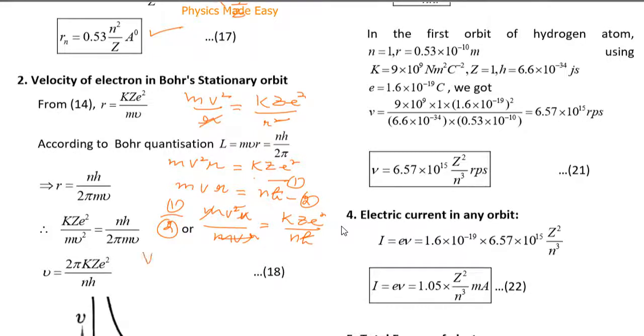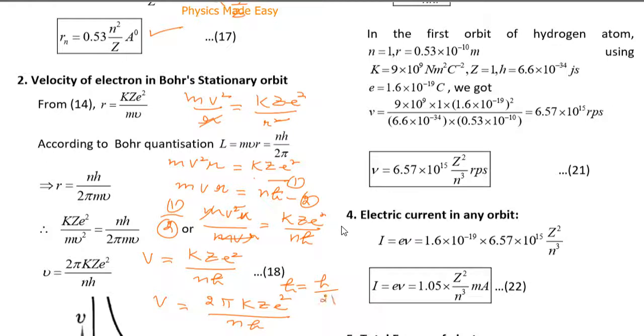So velocity is k Z e square by n h bar. Now I will open h bar. 2 pi will come in the numerator because h bar is h divided by 2 pi. So I am writing here h, where it was h bar. Why have we multiplied in the numerator by 2 pi?